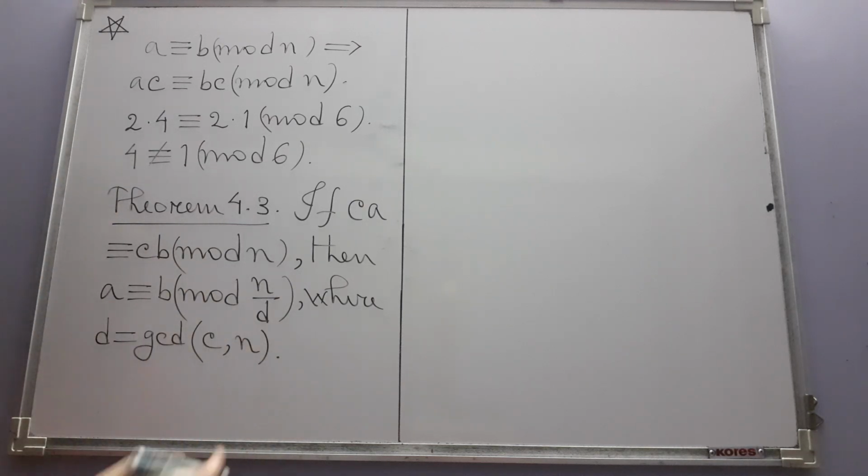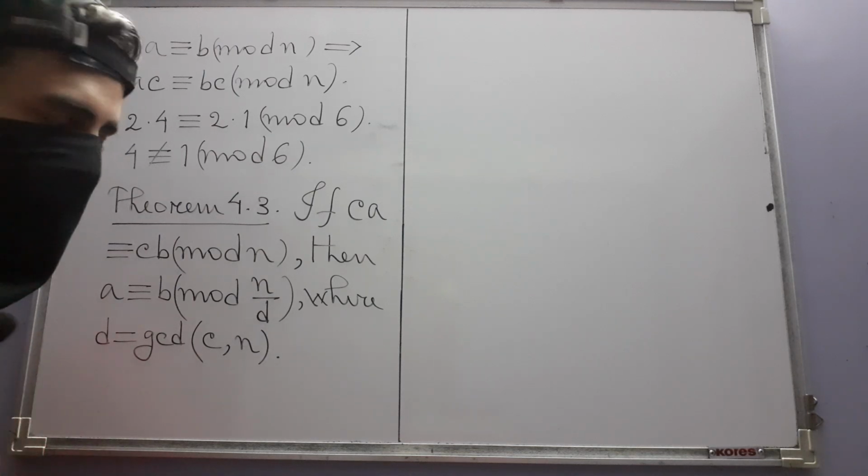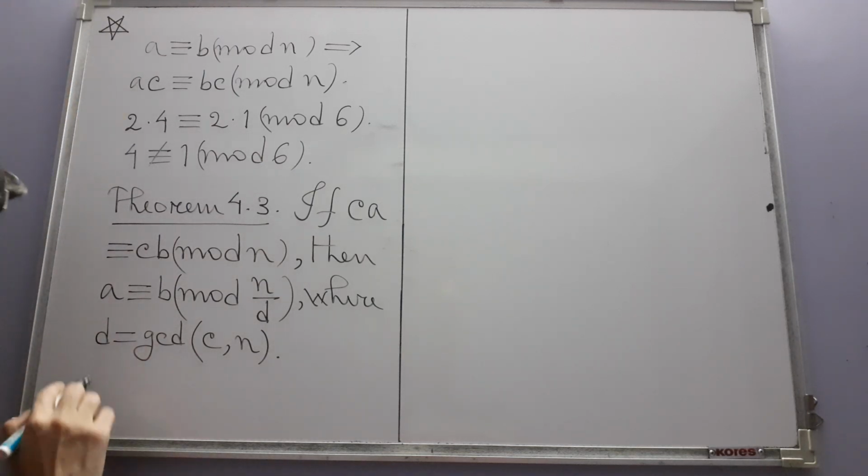And of course, as usual, a, b, c, n are all integers and n is a positive integer. So let us now see the proof of this.